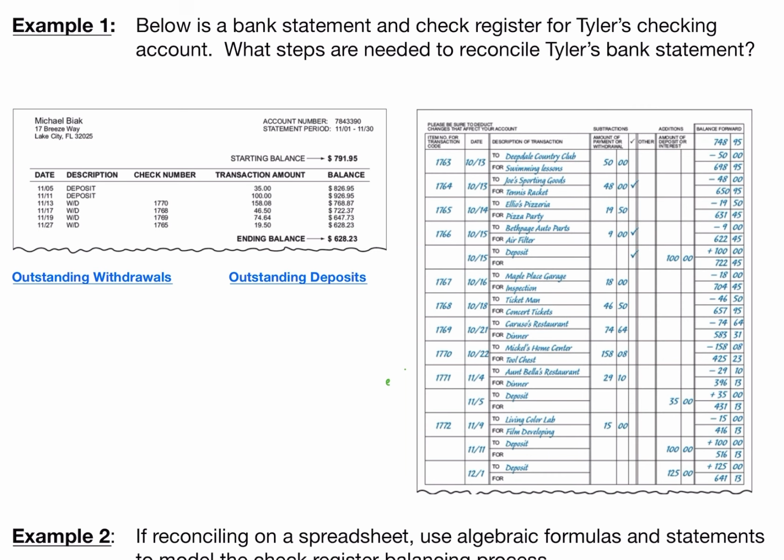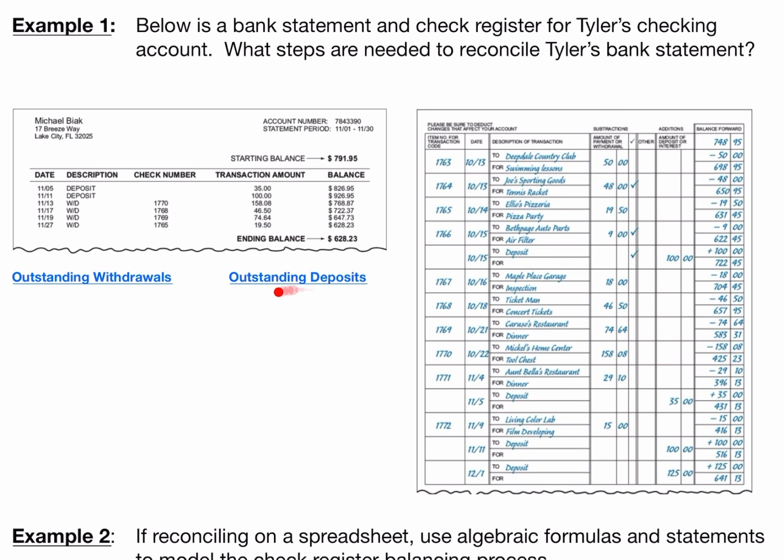So these are transactions that you have been maintaining throughout the month. Okay, now what we want to do is list any outstanding withdrawals. So these are withdrawals that you have made that the bank does not include in the statement period, but are in your check register. Okay, and we're going to also do the same thing for outstanding deposits.